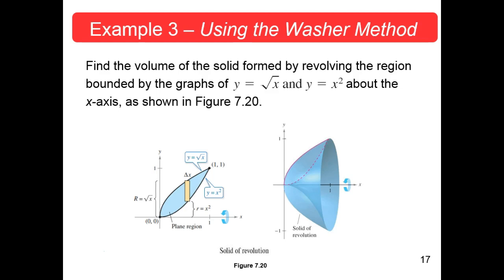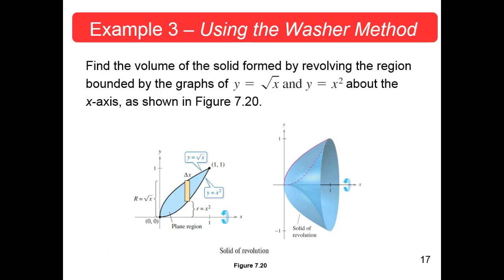Find the volume of the solid formed by revolving the region bounded by the graphs of y equals the square root of x, which is the upper curve here, and y equals x squared, which is the lower curve there.